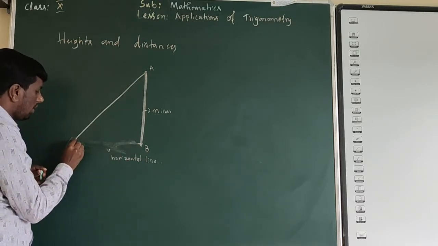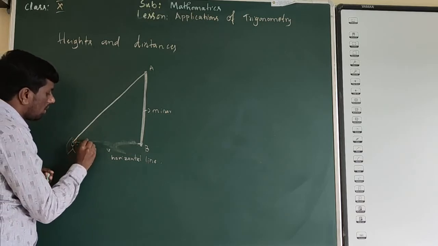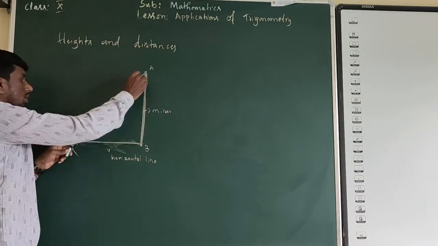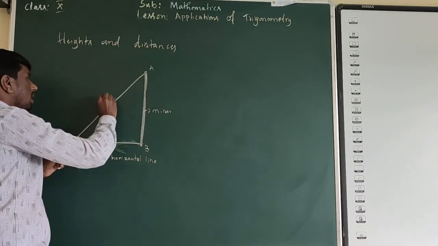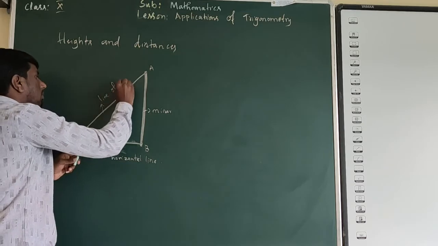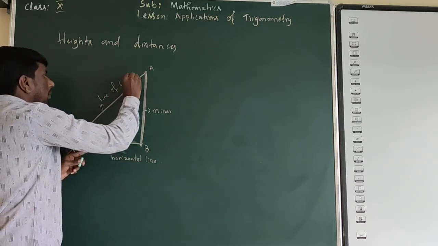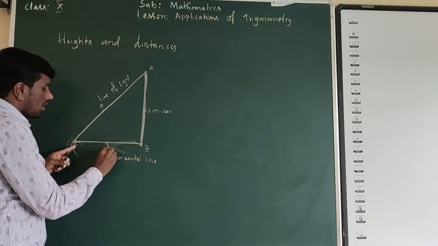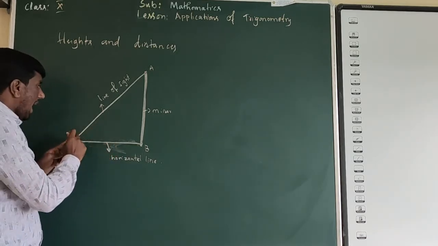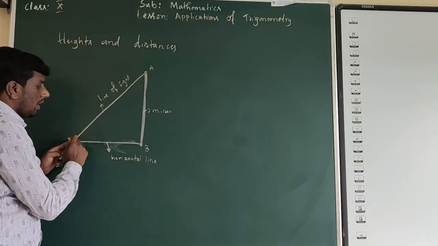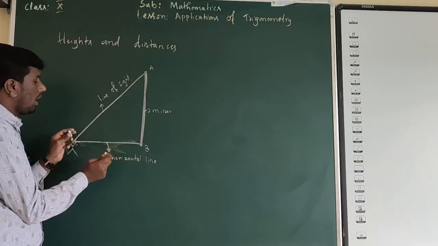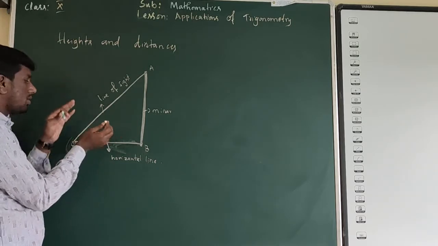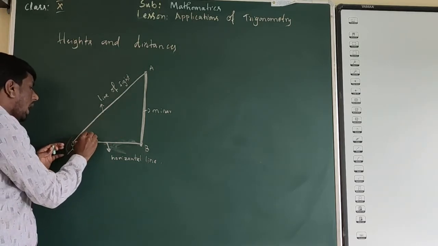This is your eye, this is the horizontal line, and this is called the line of sight. The angle between the line of sight and the horizontal line, if you are raising your head upwards, is called the angle of elevation.